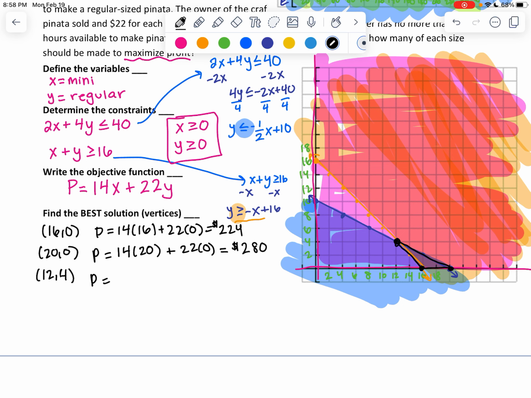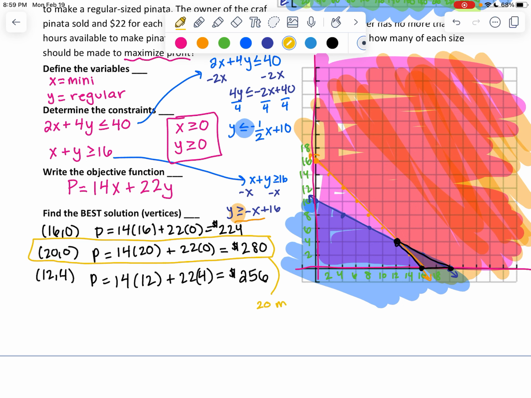And then finally, if he made 12 mini piñatas and 4 regular piñatas, he would make $256. So, in order to maximize his profit, the crafter would actually want to make 20 mini piñatas.